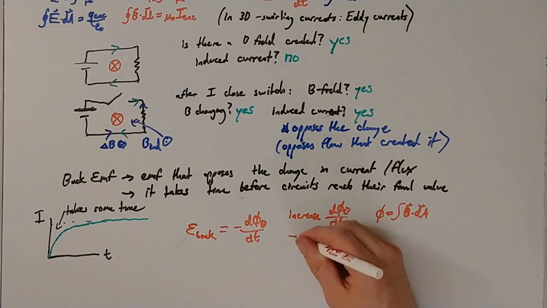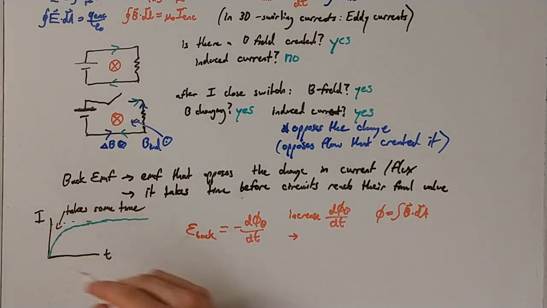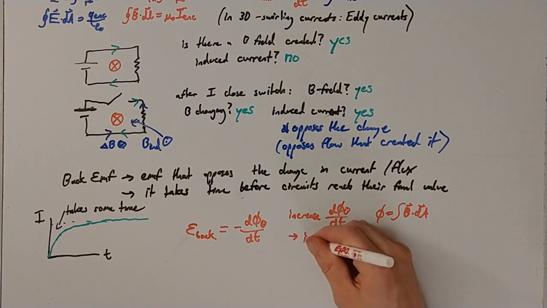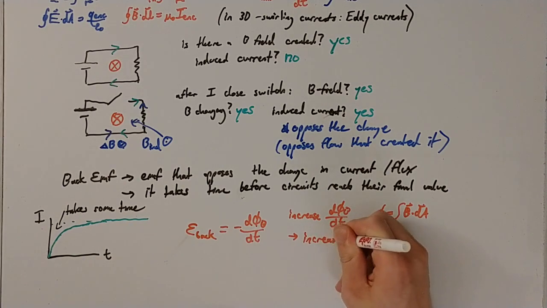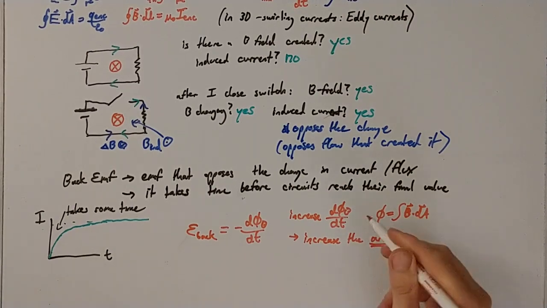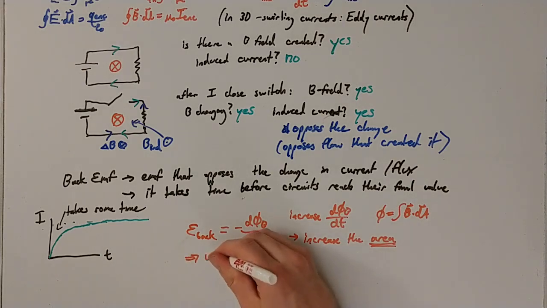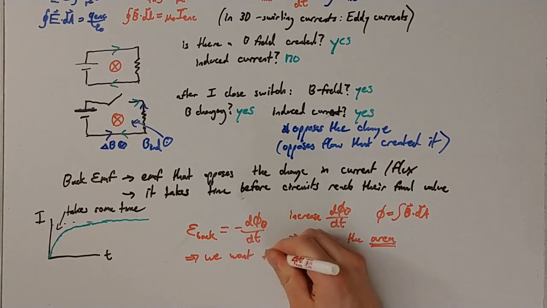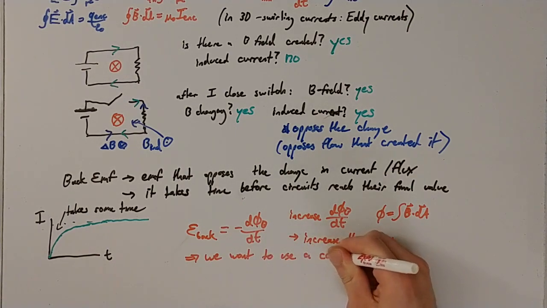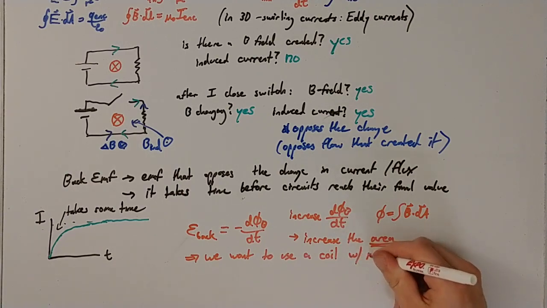So in practice, for a given circuit and a given amount of current, I want to increase the area in this flux here. Usually that means we want to use a coil with many turns.